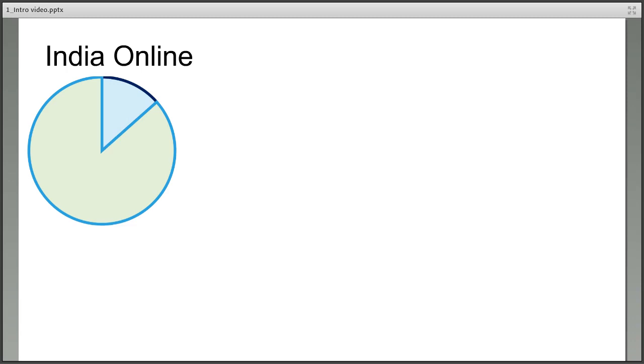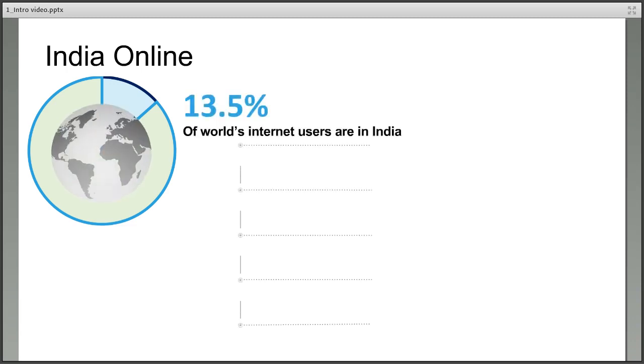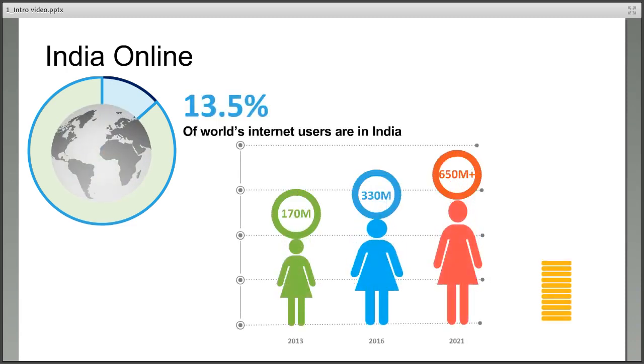Now, if we want to find out the behavior of India online, you would be surprised by the data that 13.5% of the world's internet users are in India, which means if there are 100 people who use the internet in the world, 13.5 of them are from India. This shows the number of people in India who use the internet.